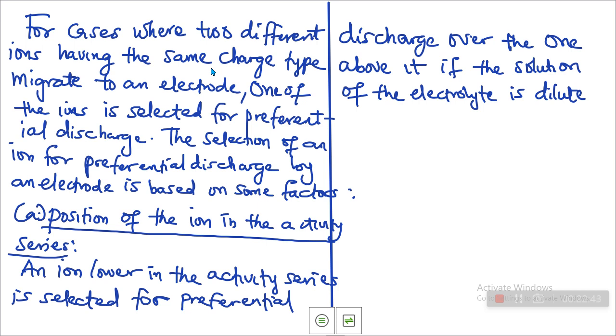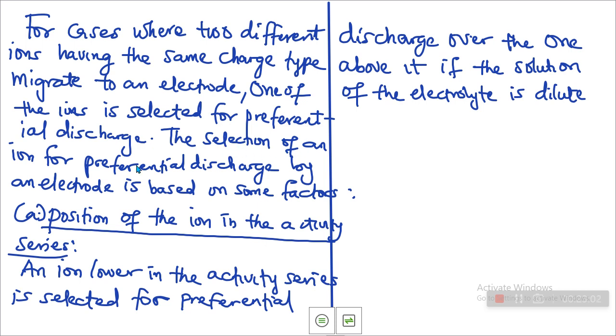It's just like these ions also. When they get to the anode or cathode, one of them must bow down. One of them is discharged. So for cases where two different ions having the same charge type migrate to an electrode, one of the ions is selected for preferential discharge.